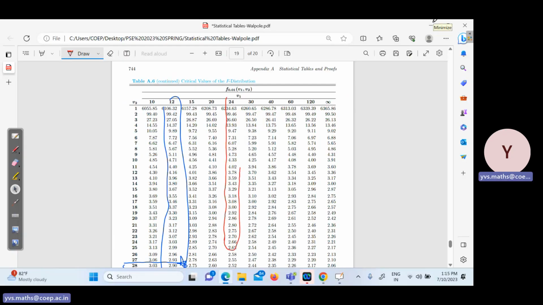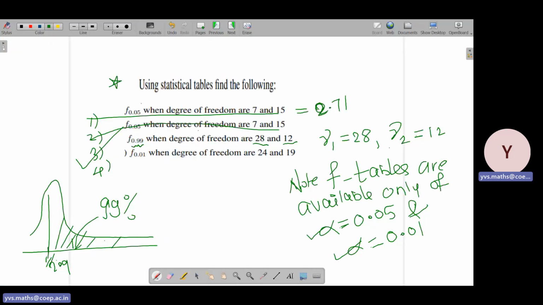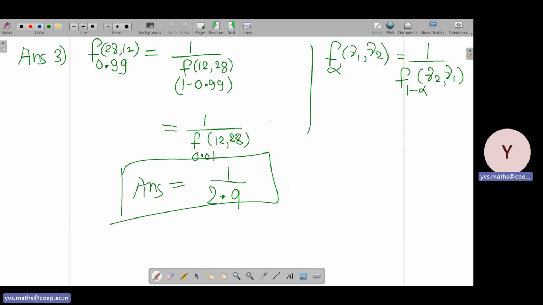This is the column and this is the row, and hence the answer is 2.92. So the answer for question 4 is 2.92. This is how to make use of F tables for solving basic mechanical examples using F statistics.